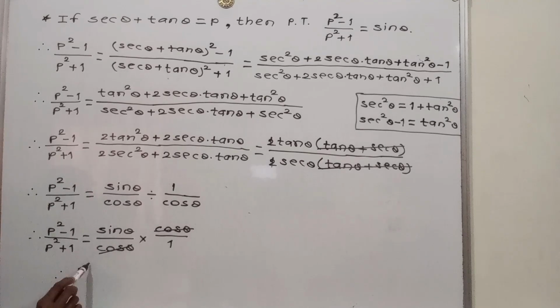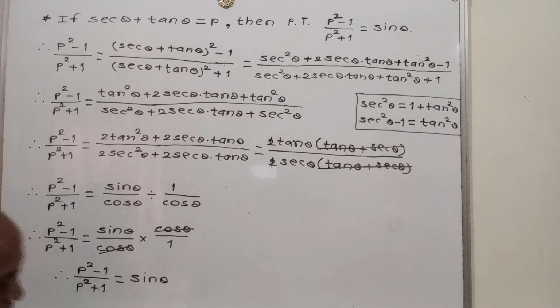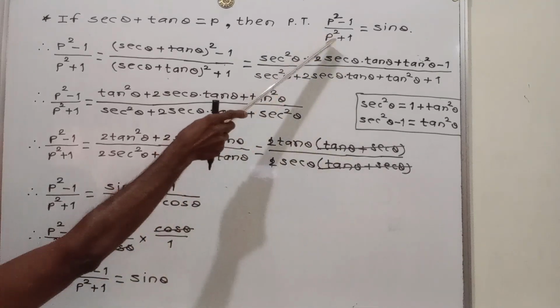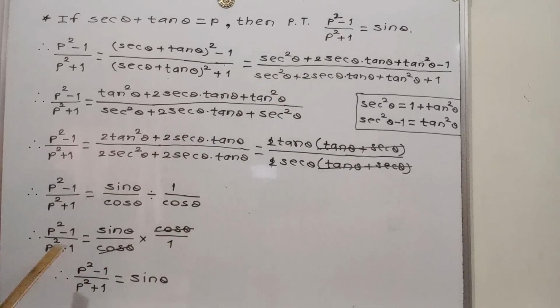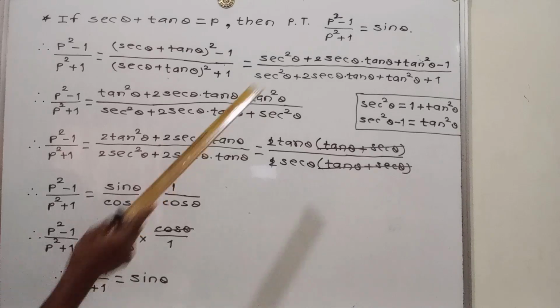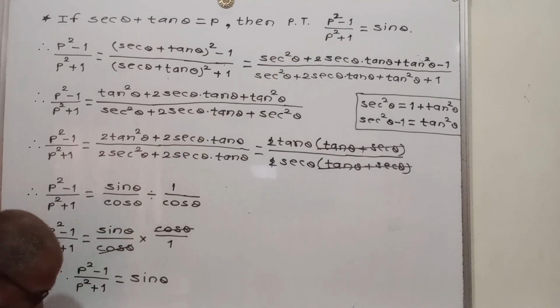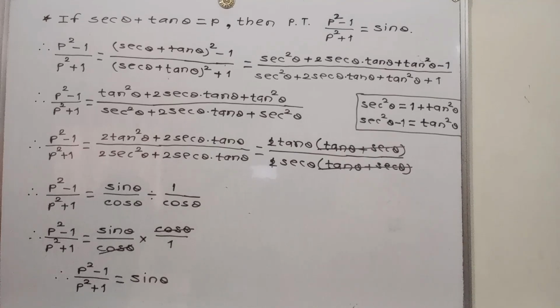Therefore, P square minus 1 upon P square plus 1 is equal to what is left? Sine theta. This is your to prove. P square minus 1 upon P square plus 1 is equal to sine theta. Did you get it?